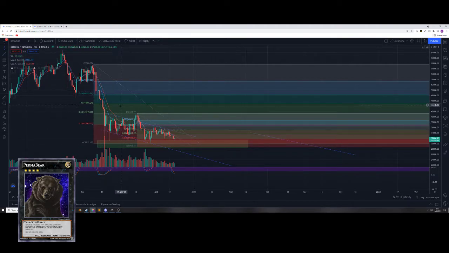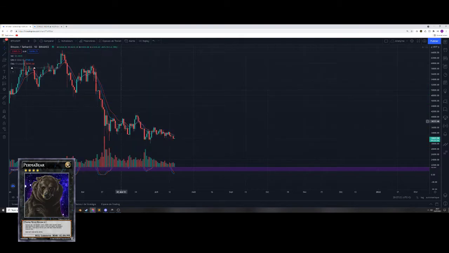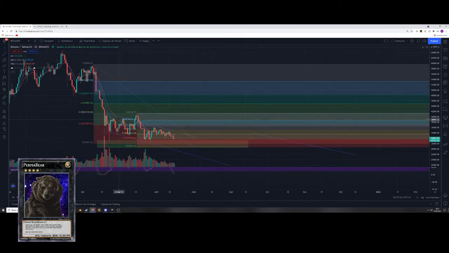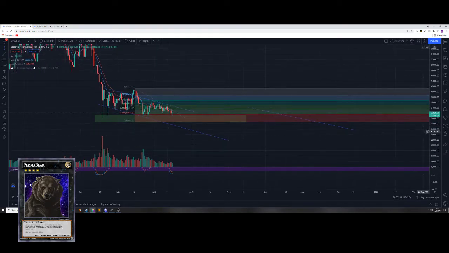So I think we are going to delete everything we have here and go on a lower time frame, maybe not everything. I'm just going to get rid of this large fib that makes it nasty.